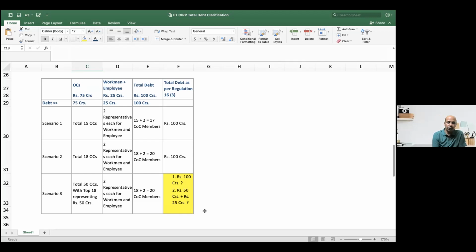So when they are going to constitute the COC, the number of members, that time the total debt under scenario 3 will be 75. And hence we'll have 20 members, basis which they will give the voting rights to these 20 members. But when the resolution plan is getting prepared, the debt would not be 75, it will be the total debt, which is 100.